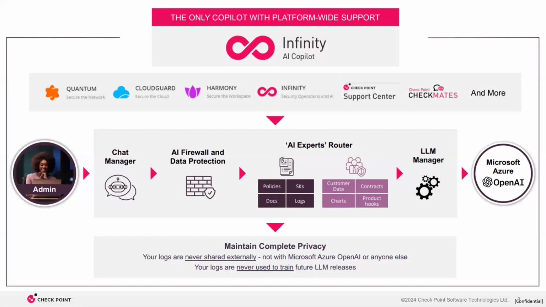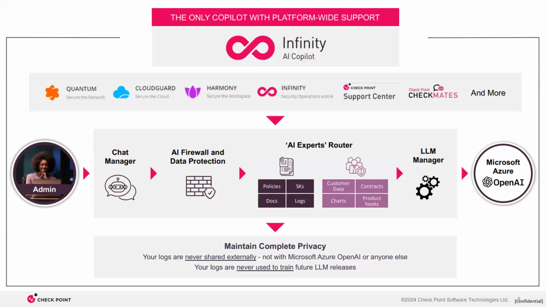So, how does it work? The way that it works is by a unified architecture. We provided a unified set of tools for every Checkpoint product to implement their own AI copilot per their own use case. As you can see at the top, all of Checkpoint's products forward their queries into the unified Copilot architecture.